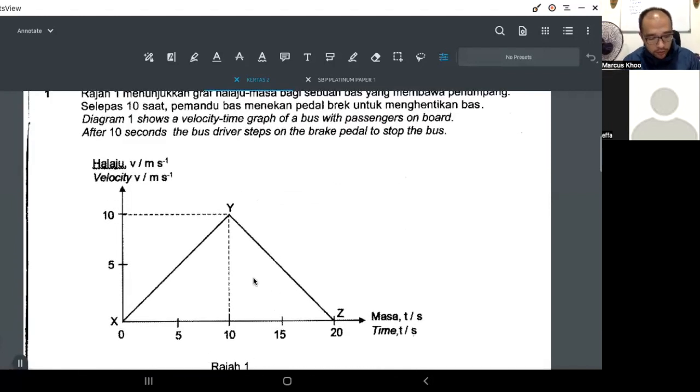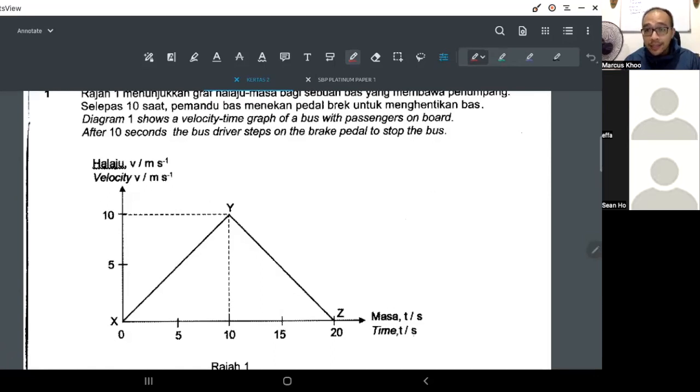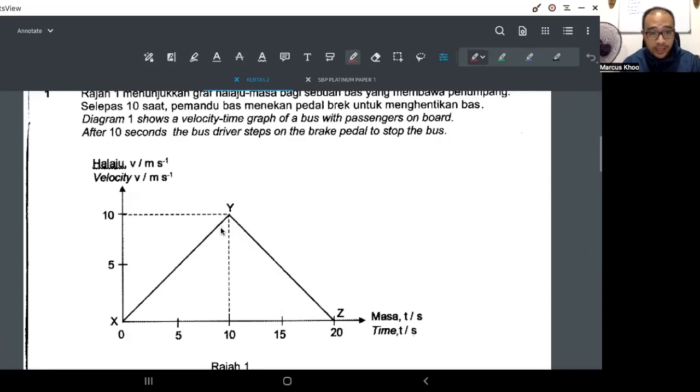Okay, if it is a velocity time graph, what you expect is, when you see this one going up, as long as the velocity is a positive value, which is all of this, it is moving to the right.